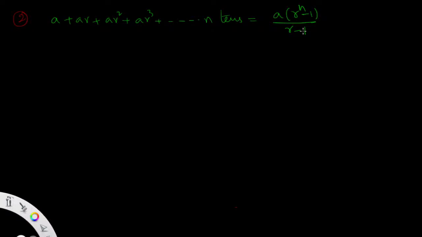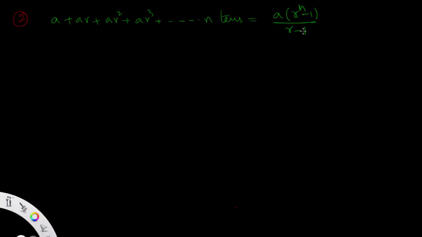This is a series in the form of a geometric progression. Whereas in an arithmetic progression the common difference is the same, here the common ratio should be the same. T1 is a, T2 is ar, T3 is ar square. Common ratio means T2 by T1, that is ar by a, which is r. T3 by T2 means ar square by ar, that is r.